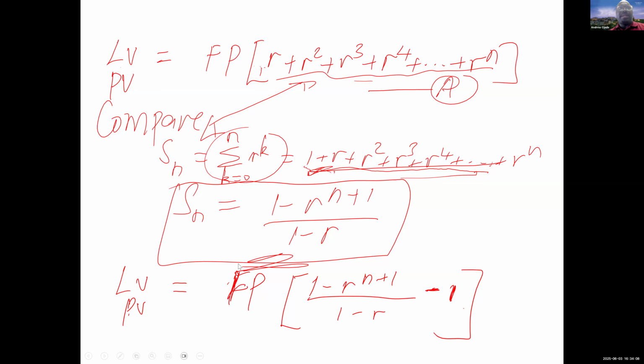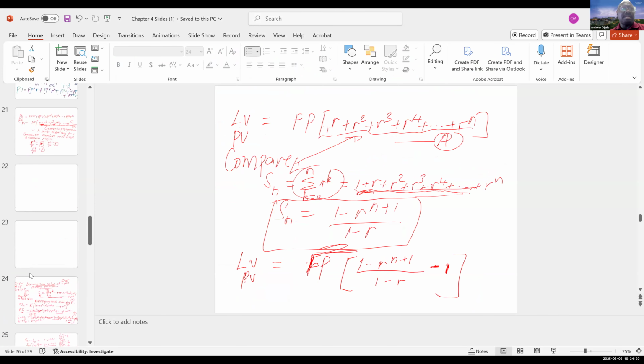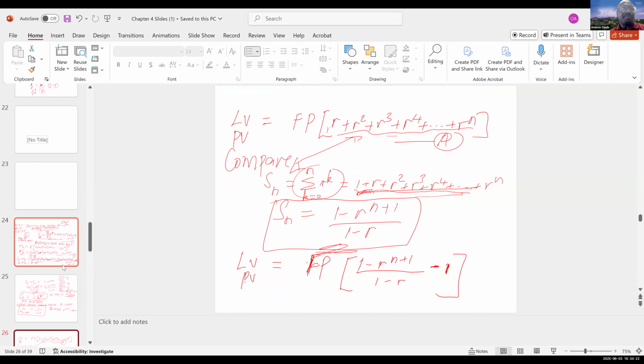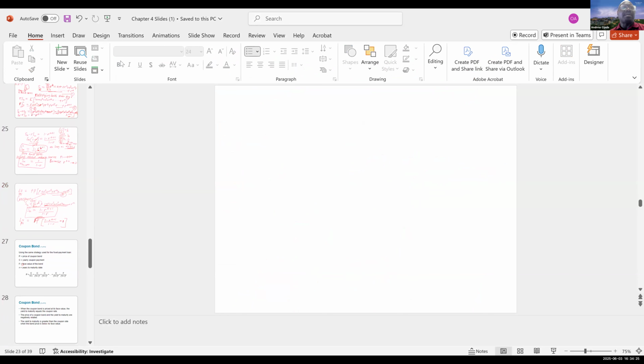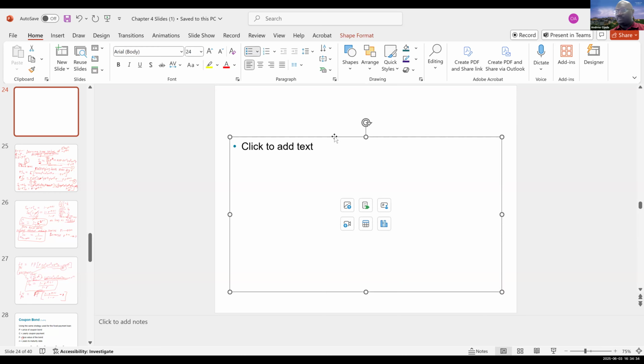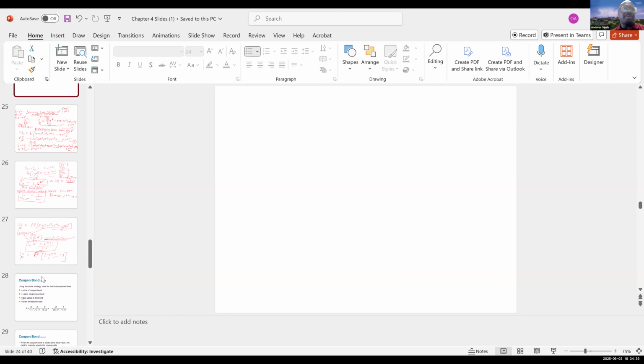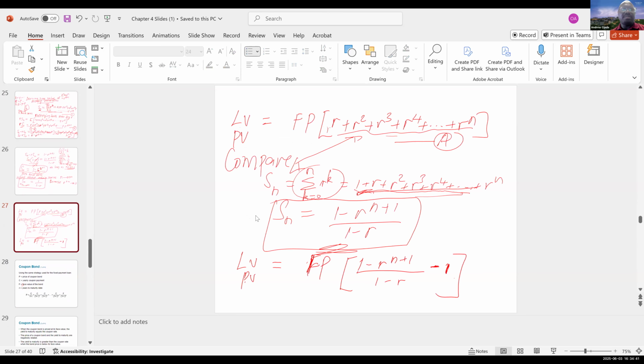Let me open a new slide. We're going to be doing some examples here shortly. It looks like I ran out of space here. Oh, I left some space on top. Why is it opening on top? It's kind of weird.